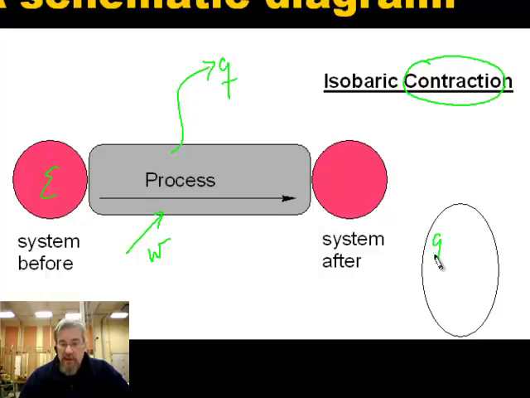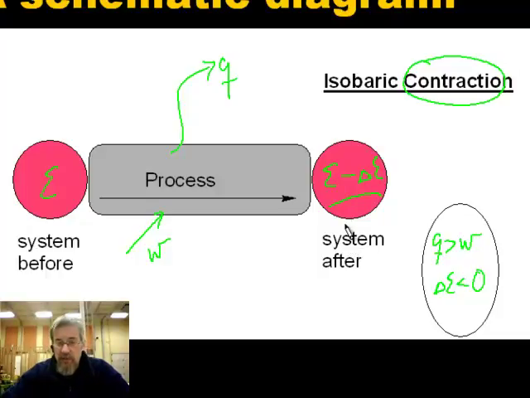So since the Q is bigger than the W here, and Q is out and W is in, that means more energy leaves the system than enters the system. So in this case, delta E is a negative number. There's a loss in internal energy. So E minus a certain amount of energy is how much is in the system afterwards.